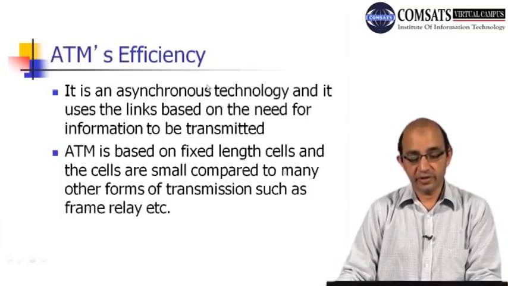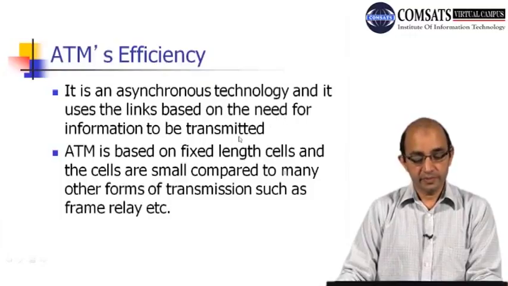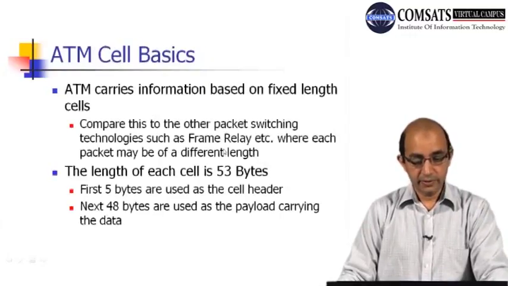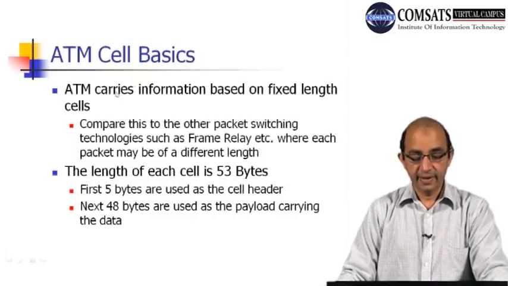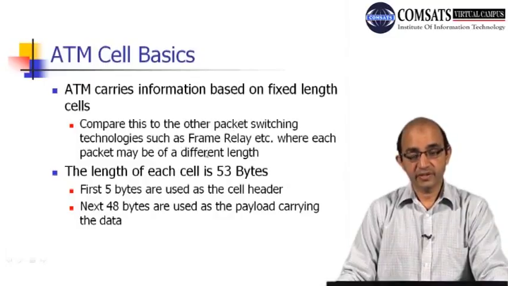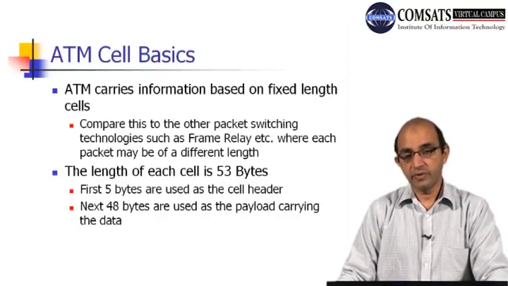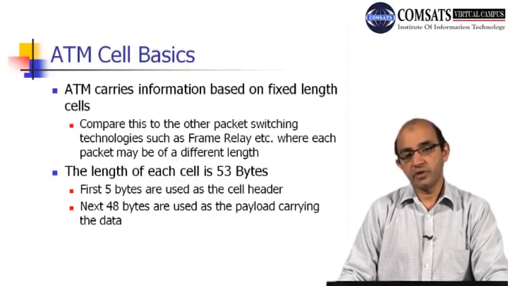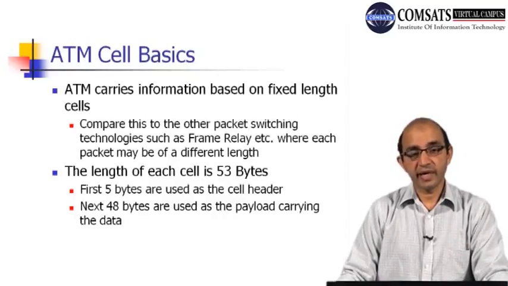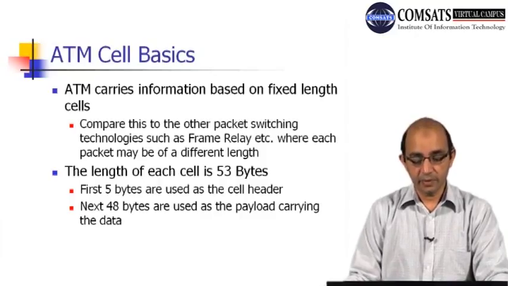In the case of ATM's efficiency, the link is used based on the need for information to be transmitted, right? Cells are based on fixed length. Compare this to other packet switching technologies such as frame relay, right? There was a very big dispute between the US and Europe when they were deciding the cell size for ATM.